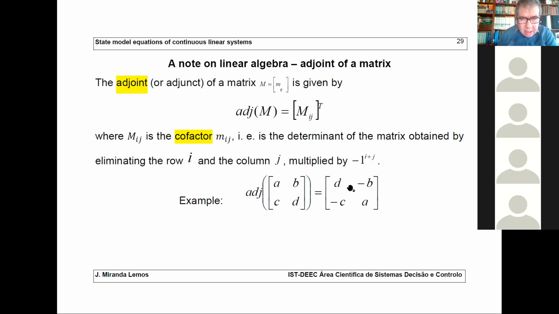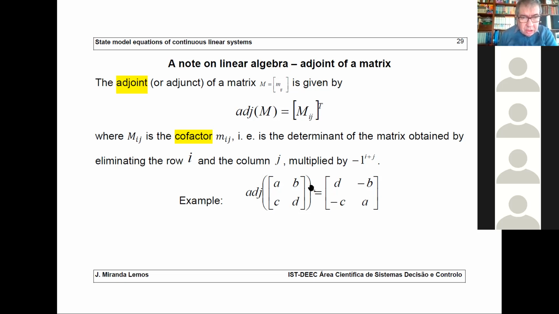Now here, i is 1, j is 2. So delete the first row and second column, you get c. You put -1 to the power 1 plus 2, which is 3, so it's minus c. But remember that at the end you have to transpose things. So the minus c appears here, and so on.